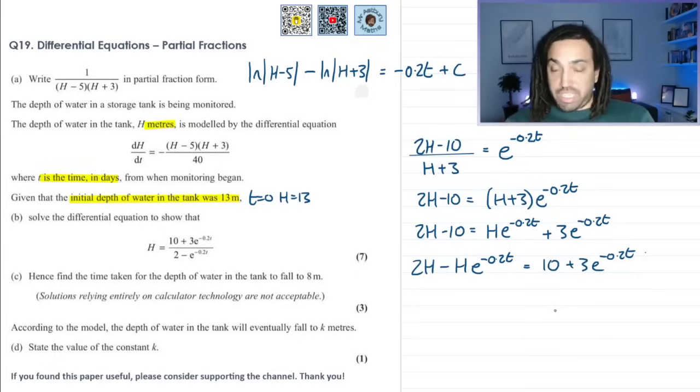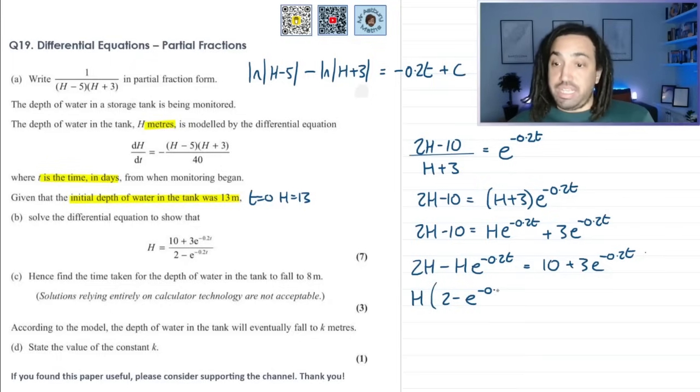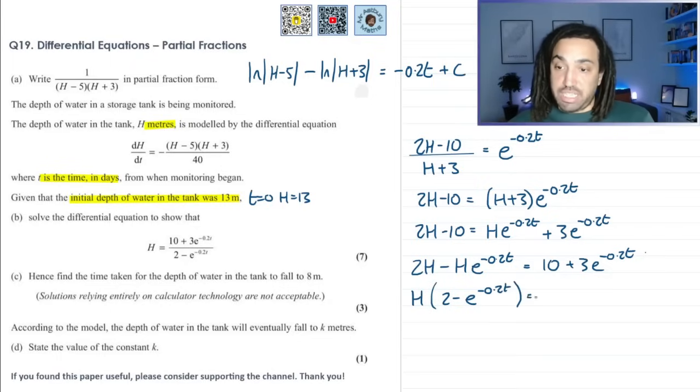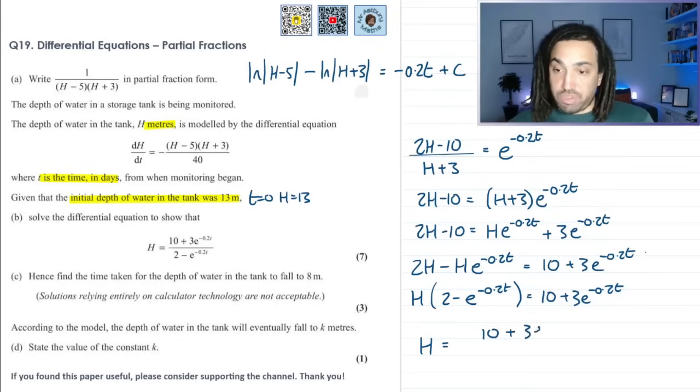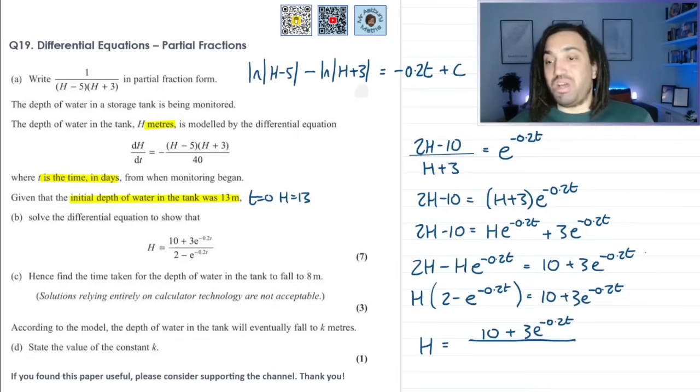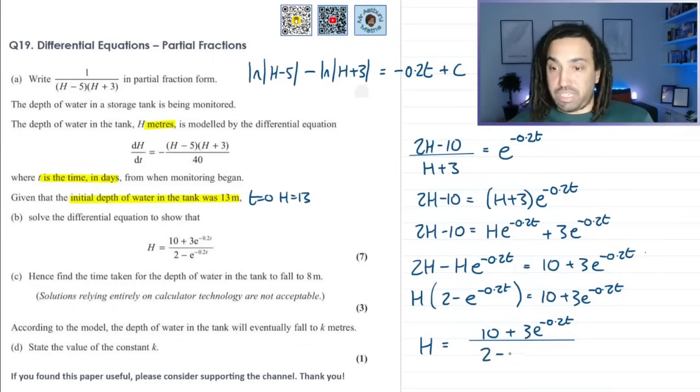Okay, so just bringing all the h's to the same side, which then will allow us to factorize to get h times 2 minus e to the minus 0.2t is equal to 10 plus 3e to the minus 0.2t. Perfect. So now h is equal to 10 plus 3e to the minus 0.2t all over 2 minus e to the minus 0.2t.